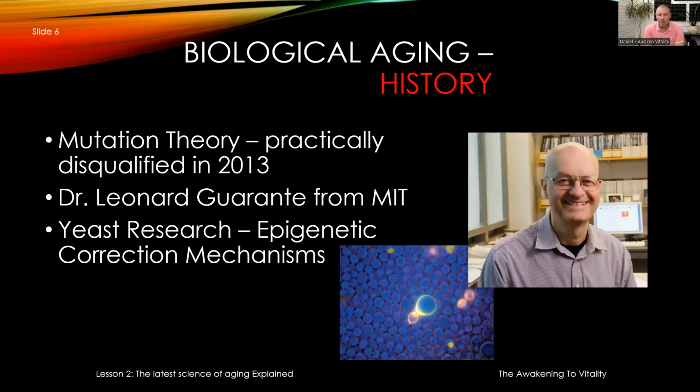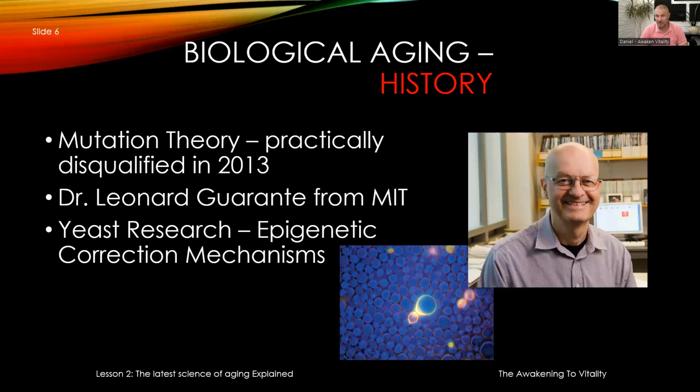What followed with this theory was that the mutation theory was disqualified as the basic reason for aging of our body, because in 2013, the great scientist Leonard Guarente from MIT started to study aging with simple yeast. Yeast is a small organism from which every bread is made.